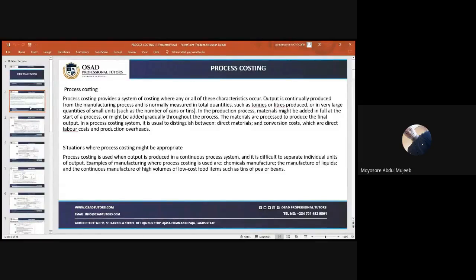In production process, materials might be added in full at the start of a process or might be added gradually through the process. The materials are processed to produce the final output. In a process costing system, it is usual to distinguish between direct material, conversion costs, which are direct labor cost, and production overhead.